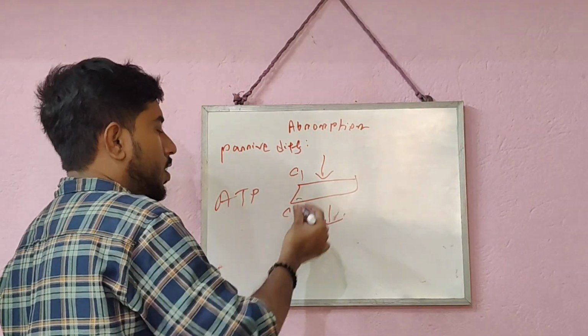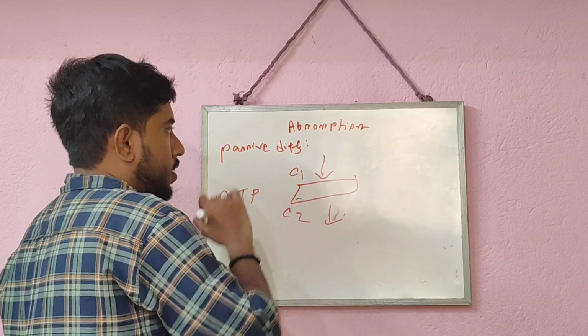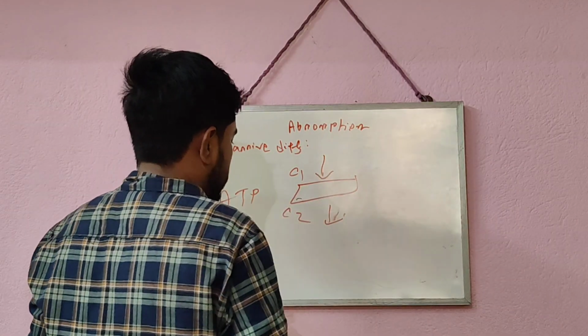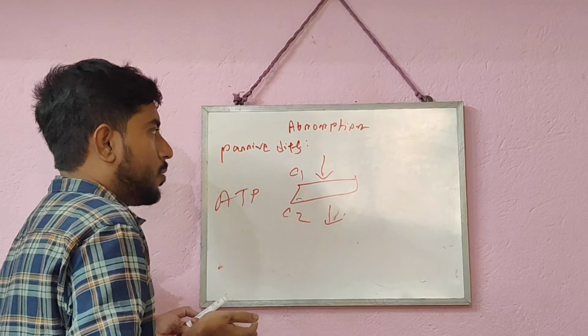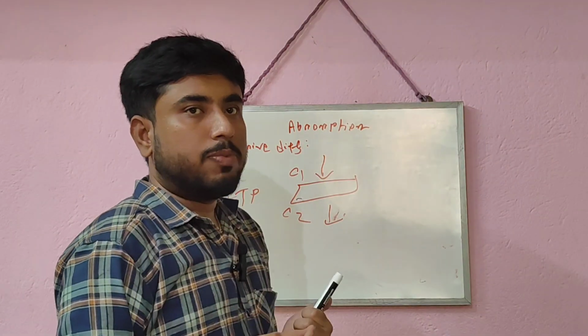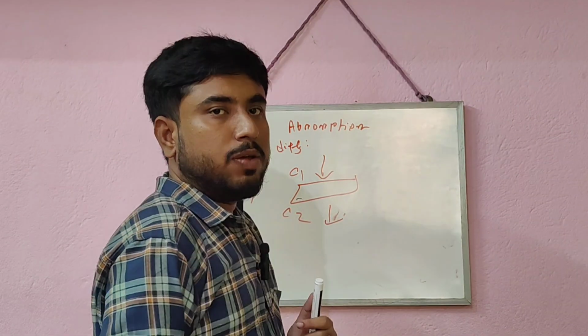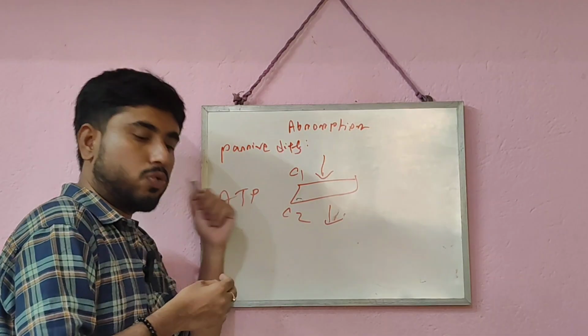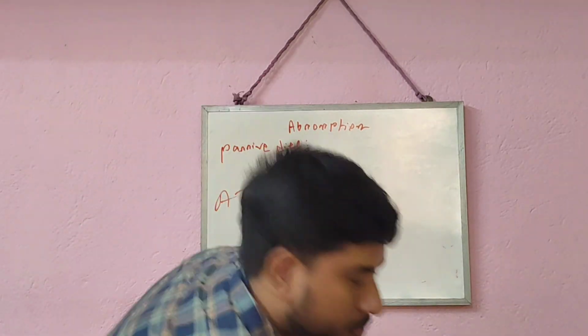In our body, almost 90% of drugs are absorbed by passive diffusion. So there is no specific example, because most drugs go through passive diffusion absorption.